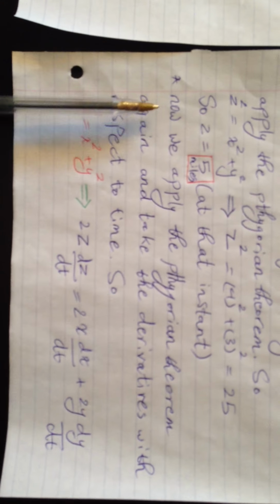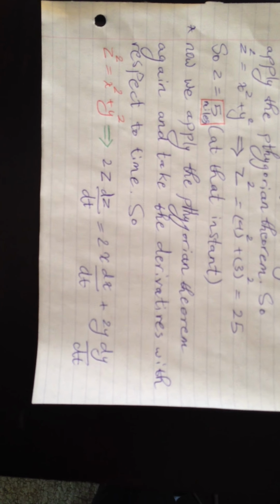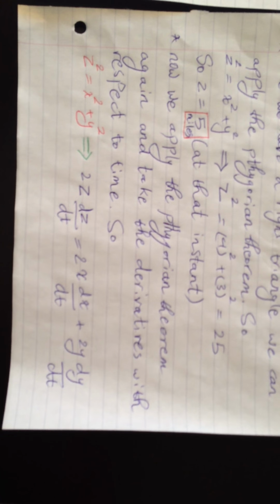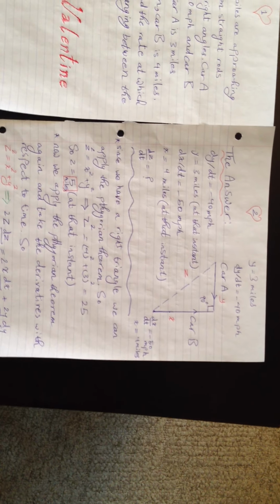Now, the next step is we apply the Pythagorean theorem again and take the derivatives with respect to time. In related rates, when we differentiate variables, we differentiate them with respect to t because they are changing with time.